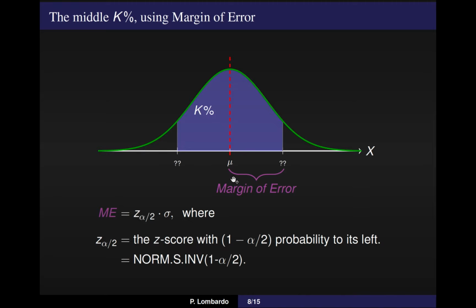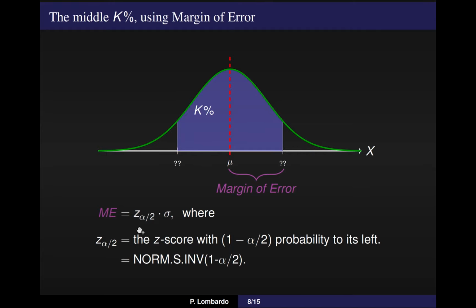It turns out this has a very simple formula to determine this margin of error, this ME as we're going to call it. There's a special z-score, which is going to be an output from our norm.s.inverse, right? So this is going to be a percentile for the standard normal distribution. And then we just multiply by the standard deviation of the normal distribution that we care about.